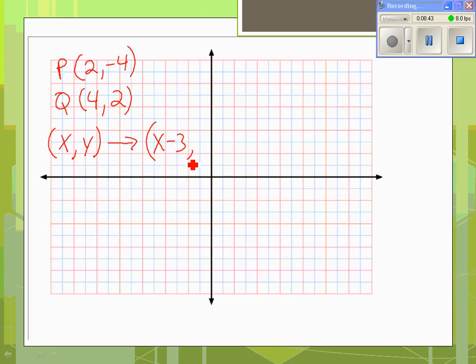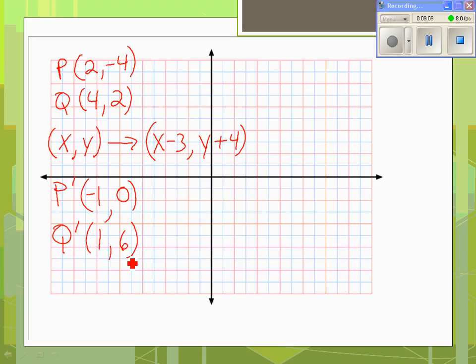And if I move the y up 4 units? +4. Very good. So that would be our rule. So what's P prime going to be? What's Q prime going to be? (1, 6).